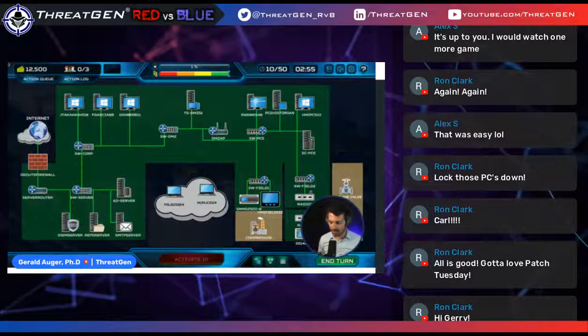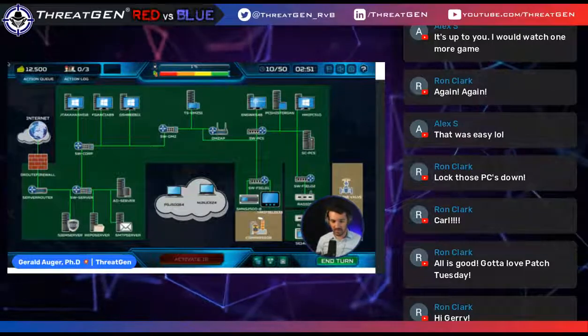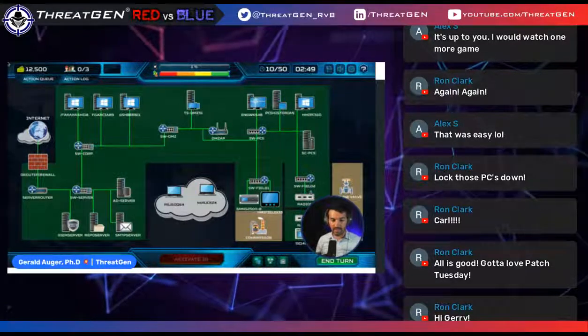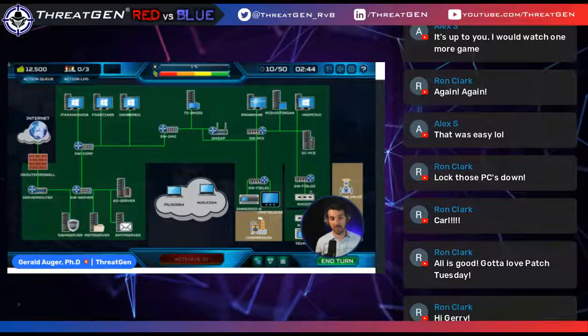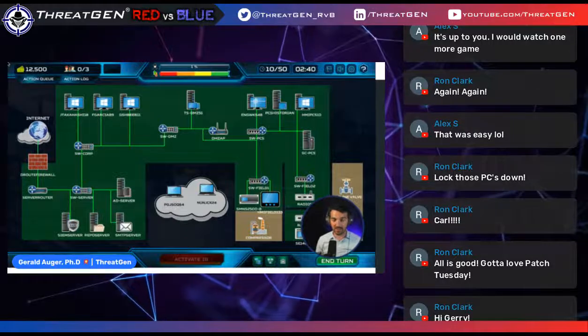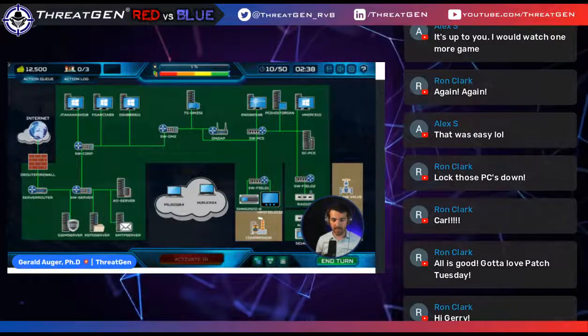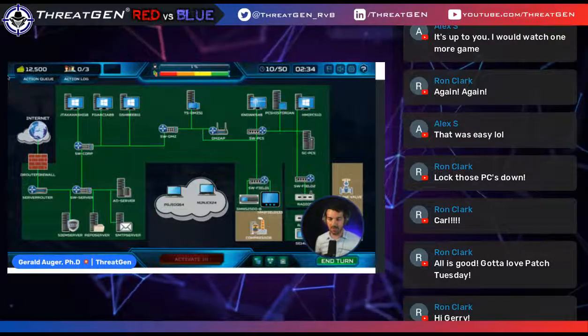Sometimes it's missing patches. Sometimes it's listening services that don't need to be there, for example, Microsoft Remote Desktop, port 3389, listening on an internet-facing server, very bad practice, right? So that's not a missing patch; it's a misconfiguration.